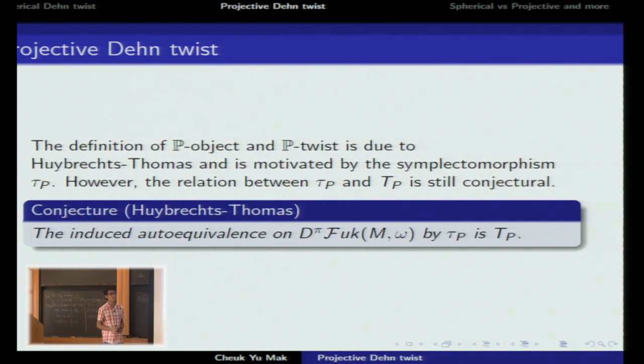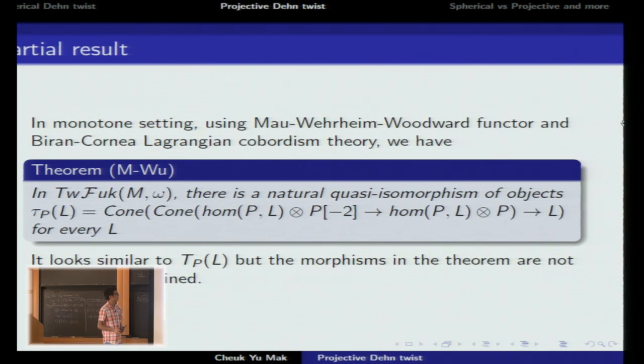In my work with my collaborator Wu, we give evidence that they are the same. This is a Lagrangian, and you twist along the projective space, and it is quasi-isomorphic to a mapping cone in the triangulated A infinity category.